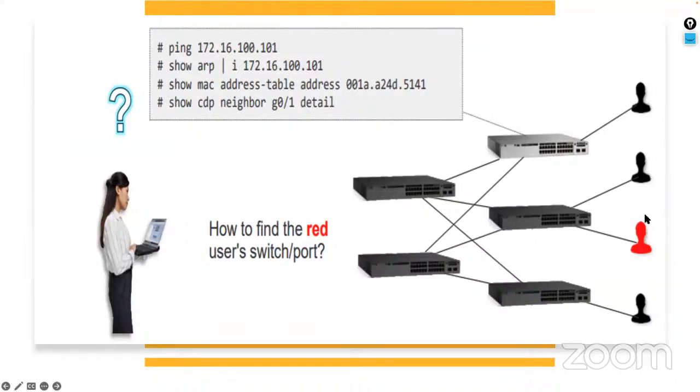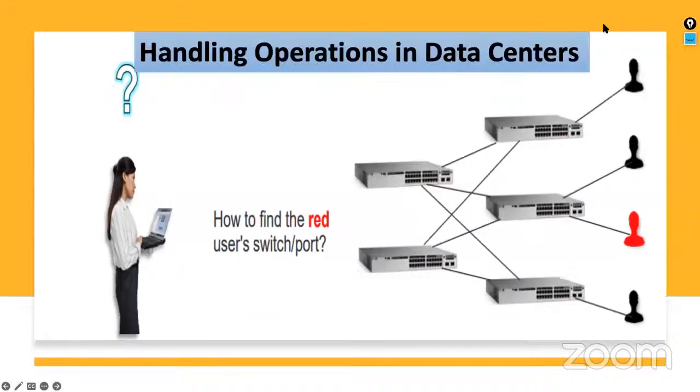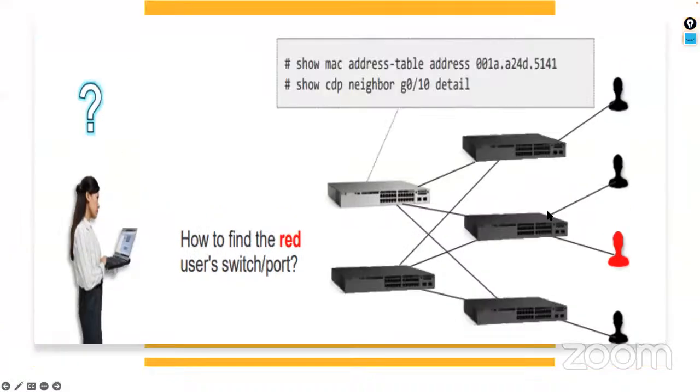Now let's consider that this is a user who is not able to access the internet. He is facing some issues. He contacts your NOC support, and the NOC engineers are troubleshooting this. For reaching this particular customer, what will be the steps?